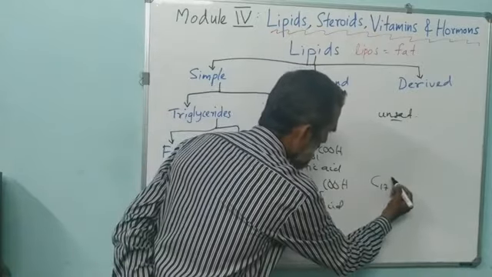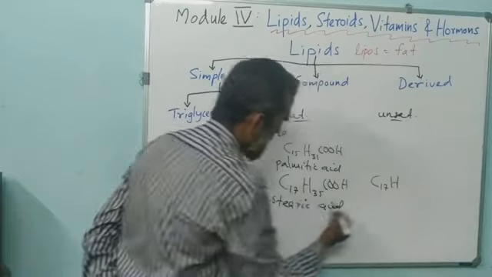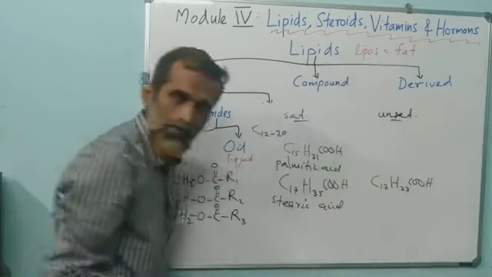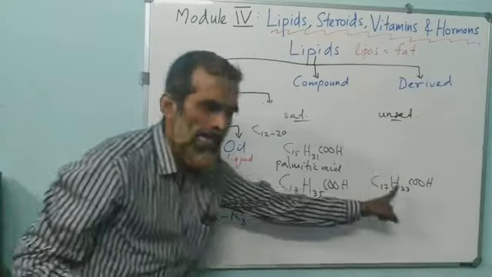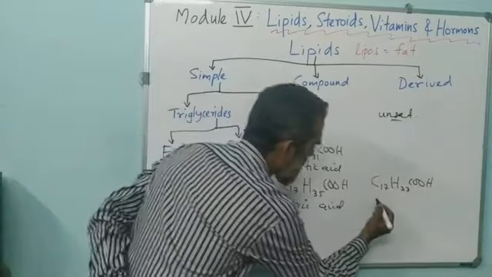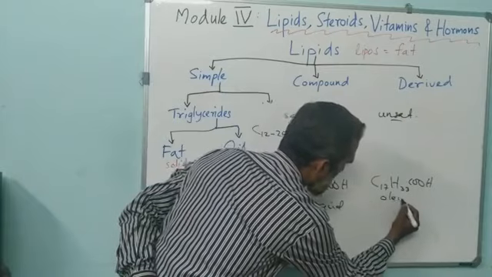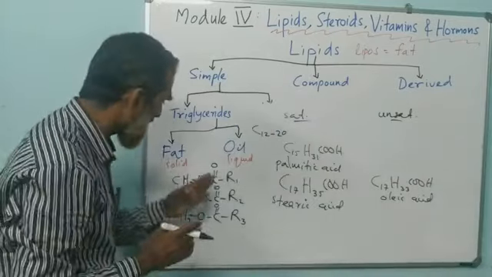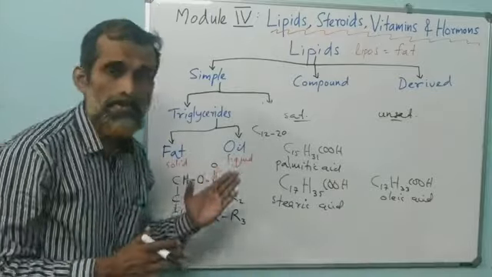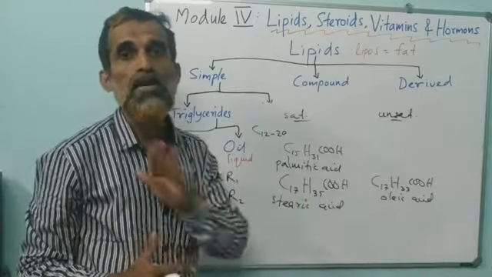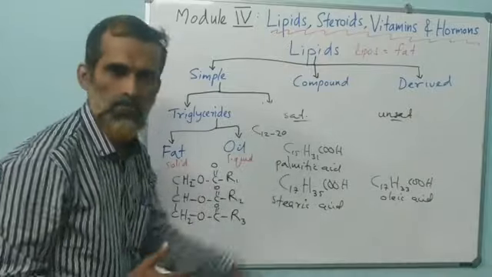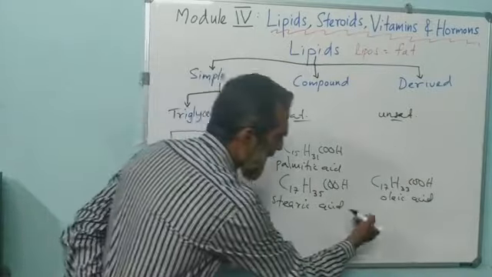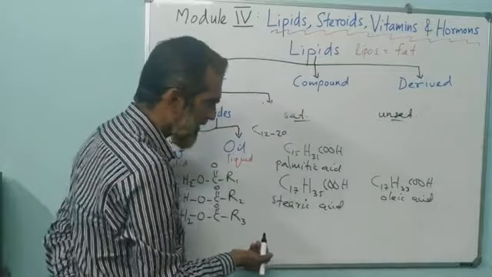So it is C17H33COOH. See? 2 hydrogen less, so there will be 1 double bond. This is known as oleic acid. So this is an unsaturated fatty acid. So fatty acids present in this triglyceride may be saturated or unsaturated. These are saturated ones. This is unsaturated. See, I am writing another unsaturated fatty acid.